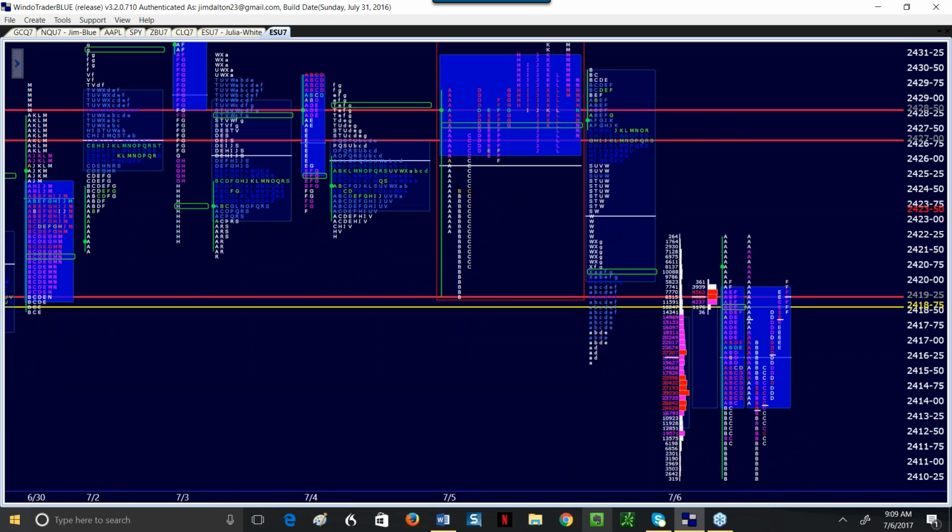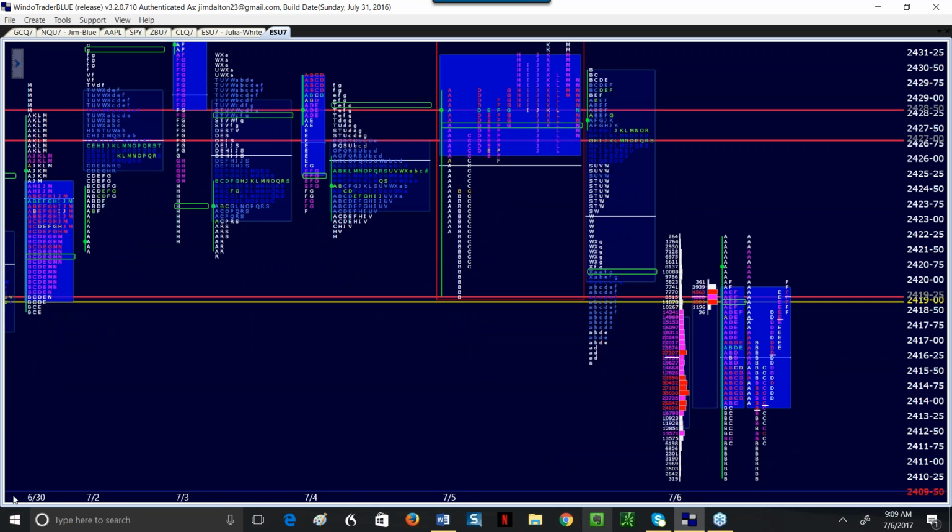Today's overnight, coming into today, overnight inventory was short again. We put out a report each evening. Additionally, we put out an updated report in the morning prior to the opening. I was a little late getting it out this morning, but it usually is out about a half an hour prior to the opening.